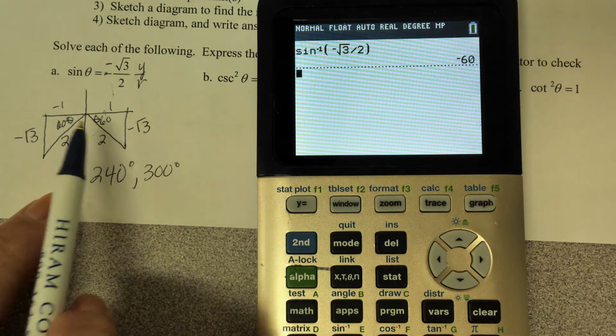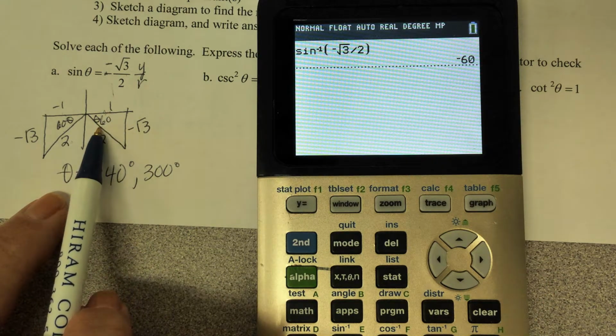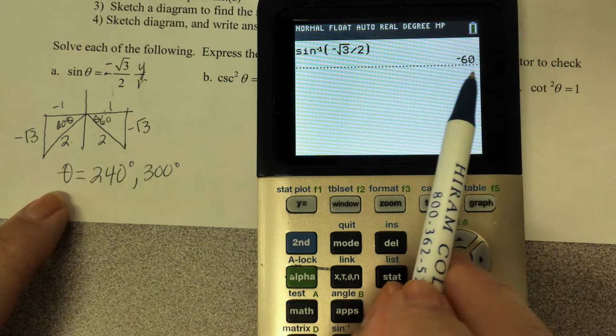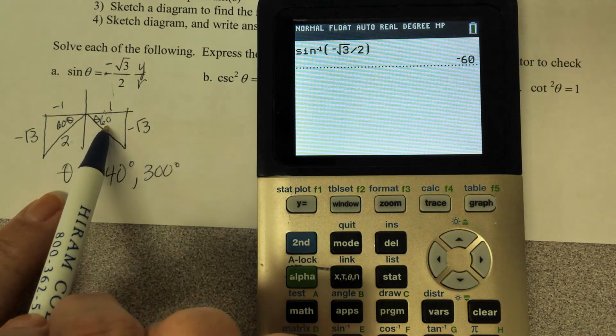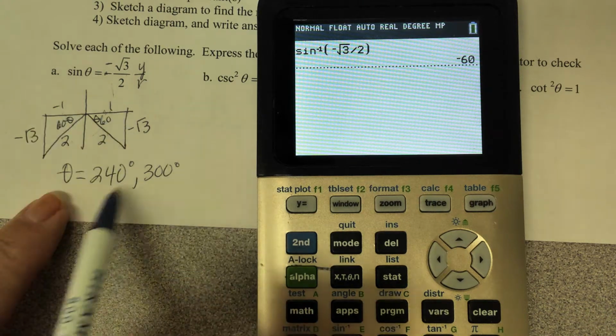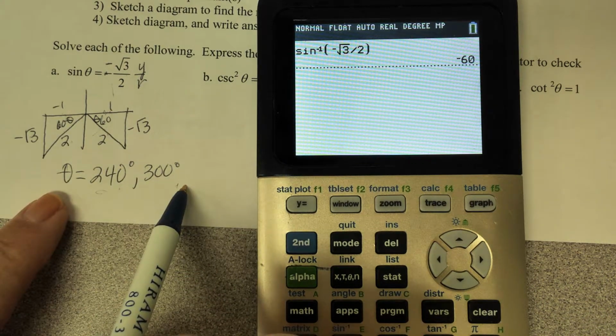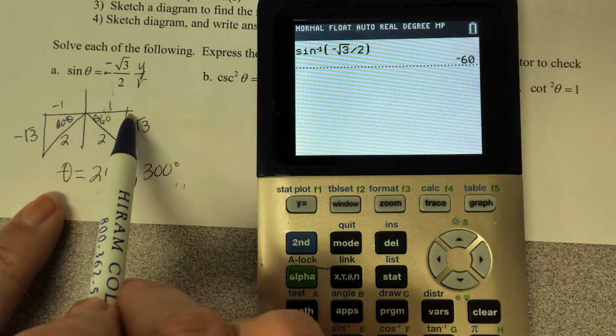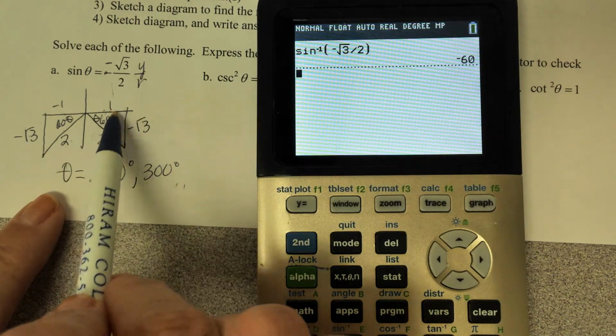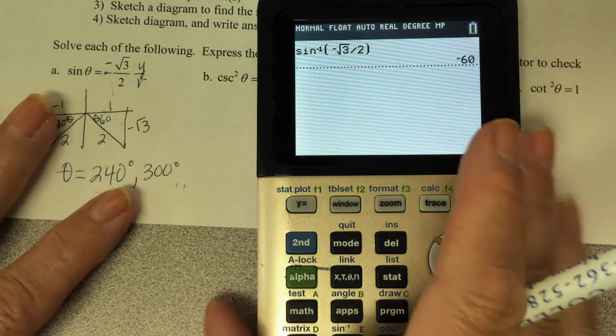No. So it's giving me the answer from here going in this direction. So all it's telling me is really that reference angle. It's trying to tell me this answer, but I have to have the answers between 0 and 360. So that's not really as helpful. But if you understand trig, you'll know that it's just going in that direction rather than going around this way.